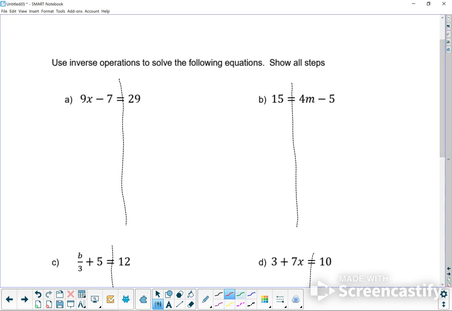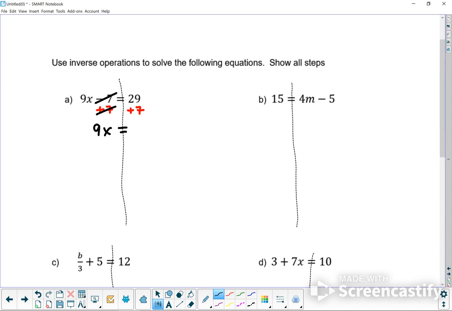So inverse operations, I'm going to just go ahead and basically do the opposite operation. So instead of minus 7, I'm going to do a plus 7. And if I do it to the left side, I have to do it to the right side. Okay, and the inverse operation, the minus 7 and plus 7, those are like 7 negatives and 7 positives. Those will cancel out. That will leave you with 9x.